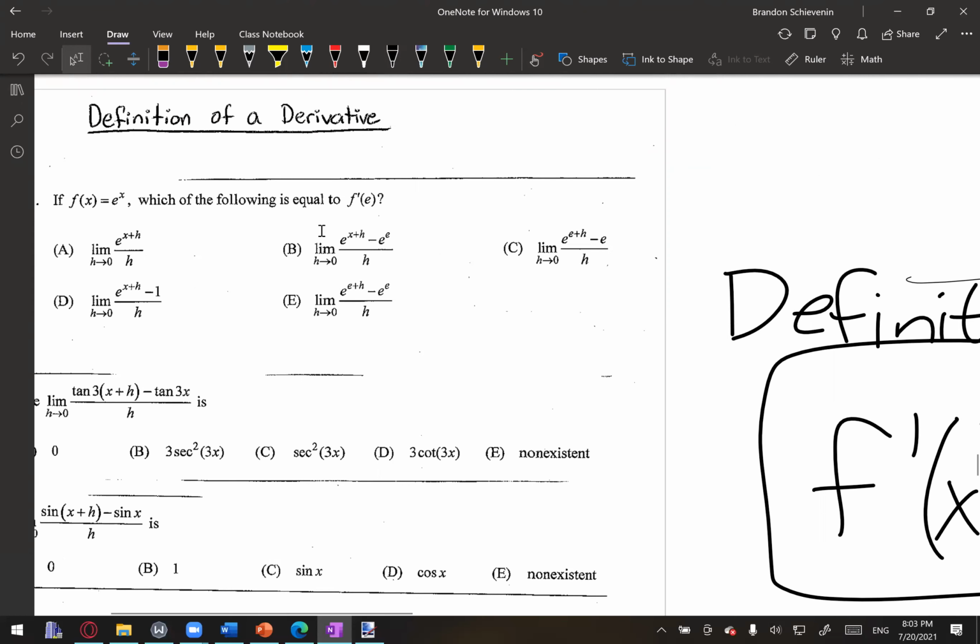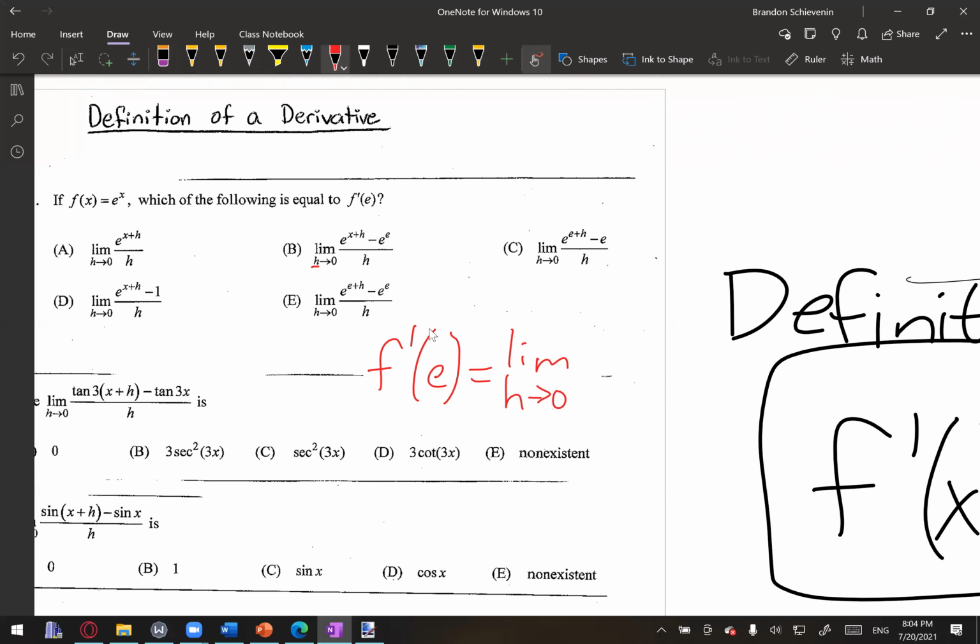With our definition of derivative, if instead of writing delta x approaches 0, I use this new variable h, then our definition of a derivative would look like this. F prime at e is equal to the limit as h approaches 0.